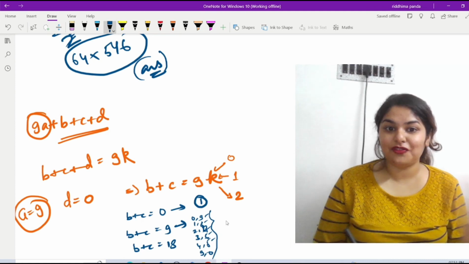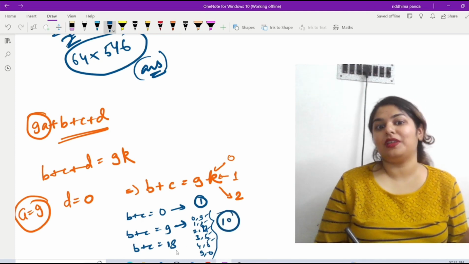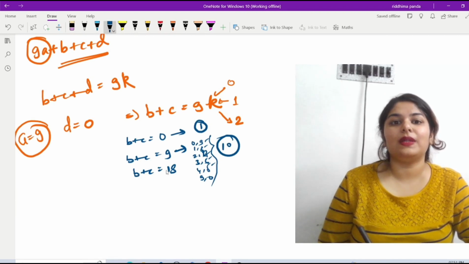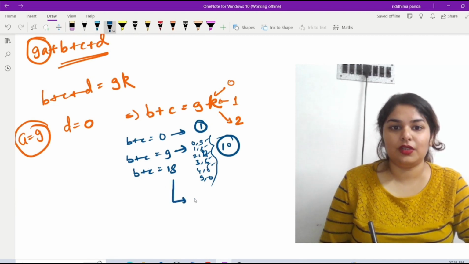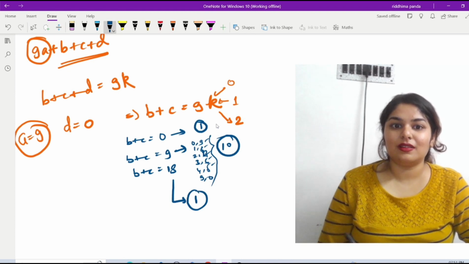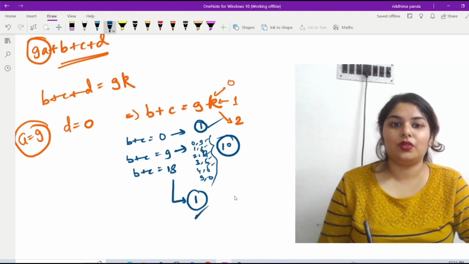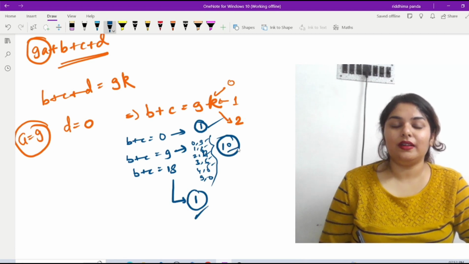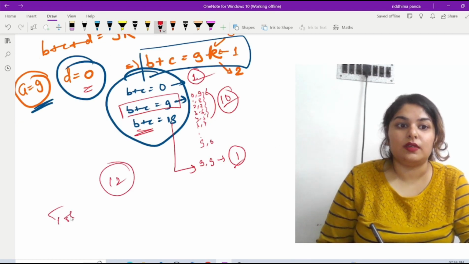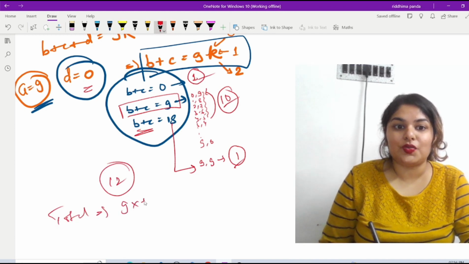So 5 and 5, that is 10 combinations. And what about 18? Obviously it is 9 plus 9, so there is 1 combination. So how many total combinations are possible here? That is 1 plus 10 plus 1, which is 12. So the total here will be 9 into 12, which is equal to 108.